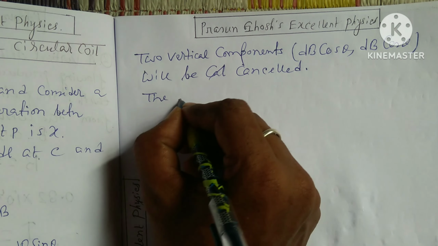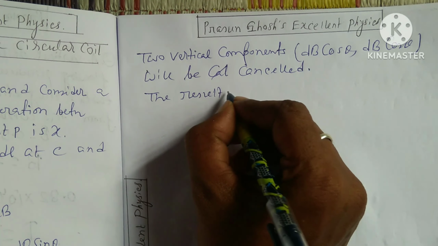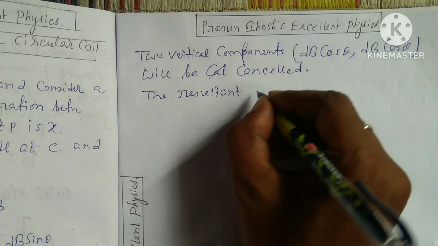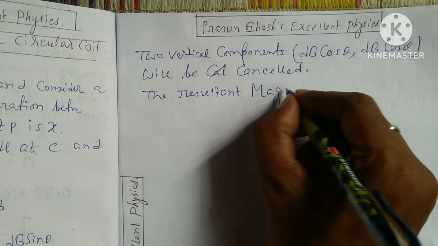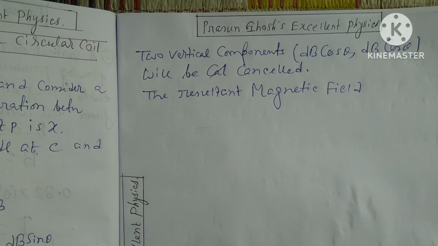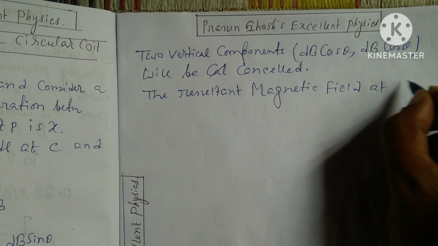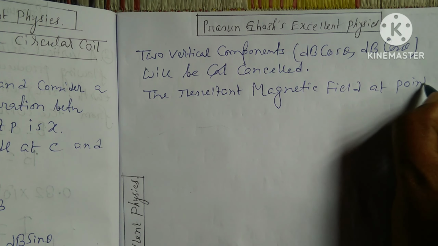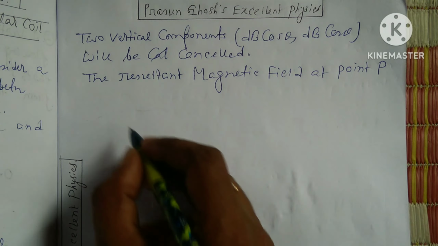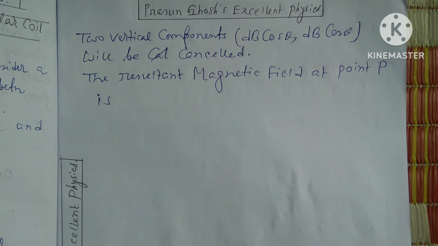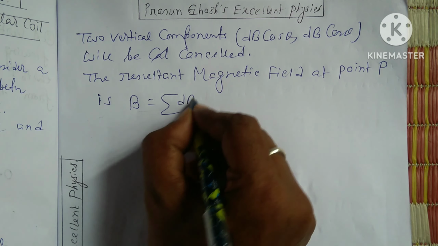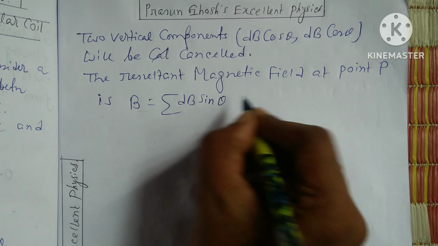Hence the resultant magnetic field at point P is B equal to summation of dB sin theta.